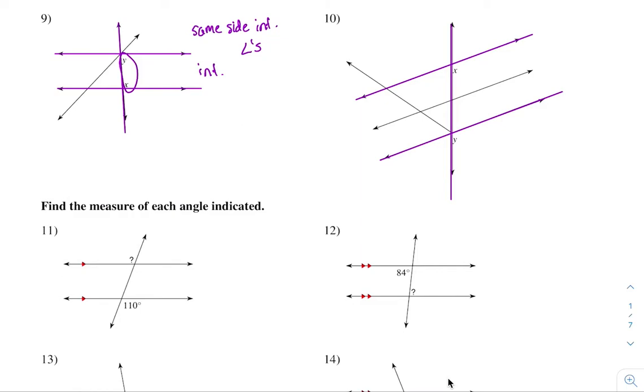It looks like we have one interior angle and one exterior angle, and they look to be corresponding. So these are certainly corresponding angles. Remember, based off our definitions from today, if it's one interior and one exterior, then it could be a corresponding angle. You just have to verify to make sure.